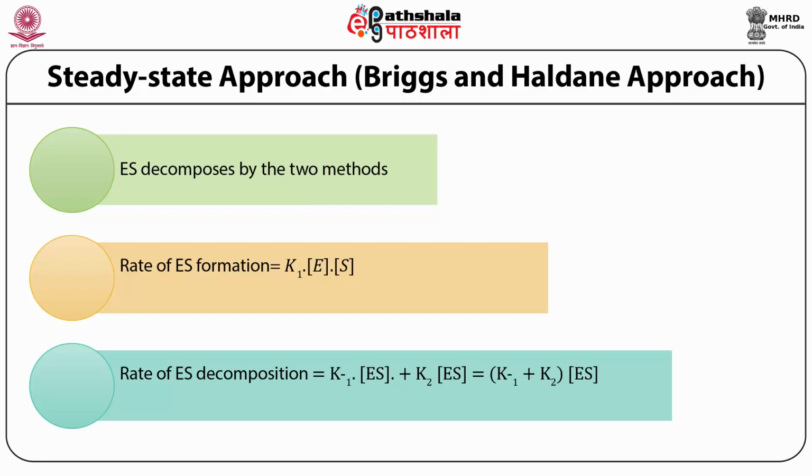Why are we taking both here? Because there are two ways for ES complex to decompose. One via K minus 1 back into the substrate and enzyme, and the other via K plus 2 into the free enzyme and the product. So if you take ES common from both, the rate of ES decomposition is equal to K minus 1 plus K plus 2 into ES.